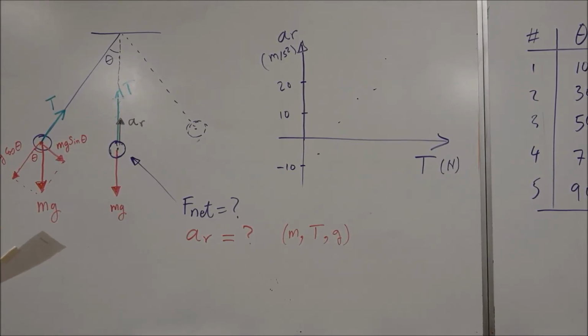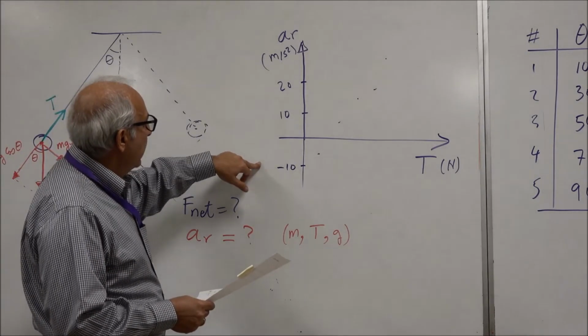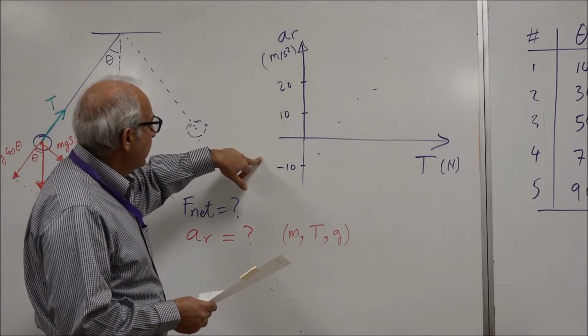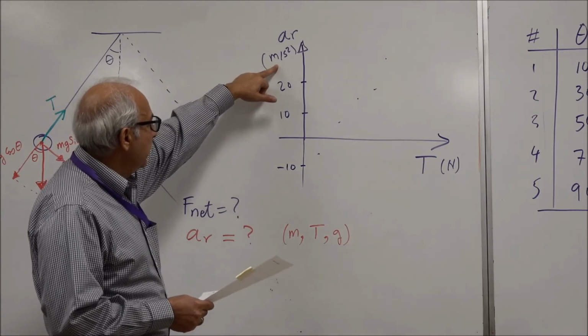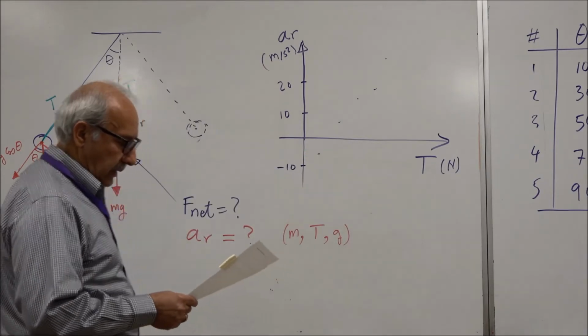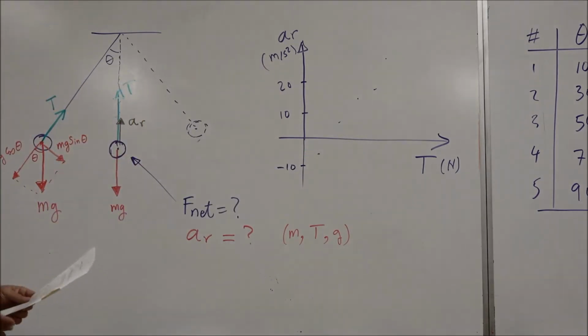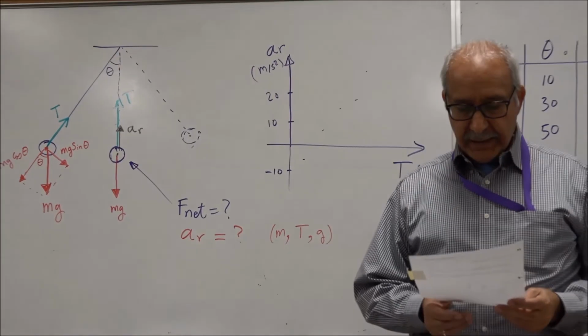Okay? So you would have a plot like this, where the centripetal acceleration axis starts as -10 meter per second squared, +10, 20, and then you have the tension on that side. So this is the part of the pre-lab that you need to do and get those questions answered.